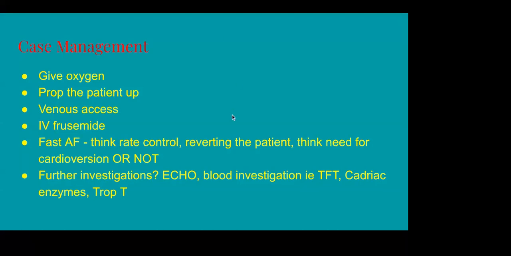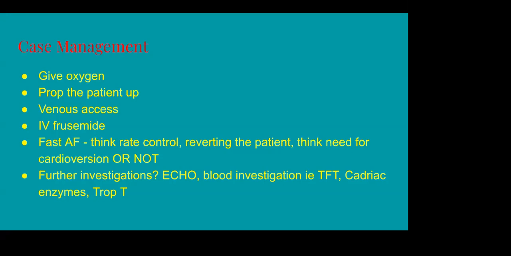So now our case management will be give oxygen, prop up the patient, venous access, IV Lasix. Don't be scared to give IV Lasix because that would really help. Now the fast AF, think of rate control, think whether you need to revert the patient, but most importantly, don't think of just the sign or symptoms.